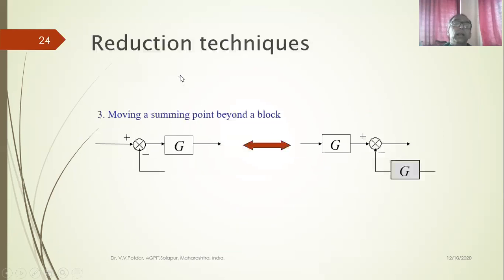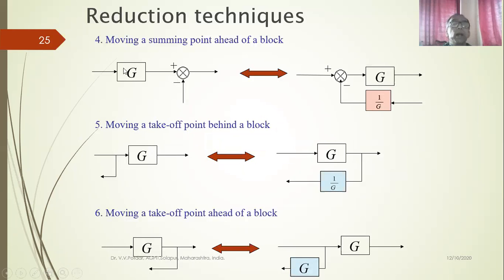Rule number 4, moving a summing point ahead of a block. In the earlier case, I was moving the summing point beyond a block. Now I am moving the summing point ahead of a block, or in other words, I am taking this block inside the loop. Earlier, this block was outside my control loop, and I want to take it inside the control loop.